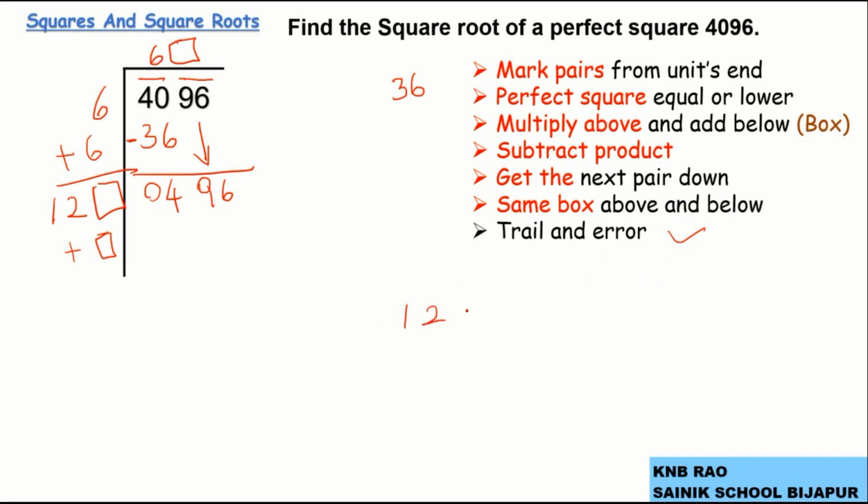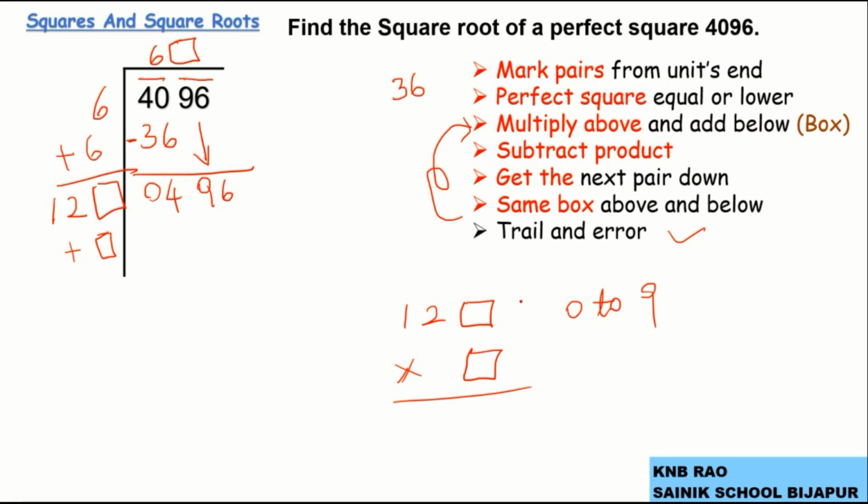Here 12, a box, multiplied by another box should give us close, because here we are repeating again from here. So repetition of third step onwards will be done. So we have to choose such a digit from 0 to 9 whose product is close or equal to 496.